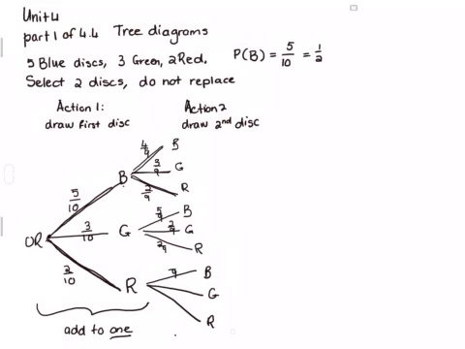So again, in my second time, there will only be 9 discs left in the bag. If I first drew a red, it means there are still 5 blue left. It also means there are still 3 green left, but now there's only 1 red left. So now I've got all the possible outcomes. I could have gone blue and blue, or I could have gone green and red, etc., etc.